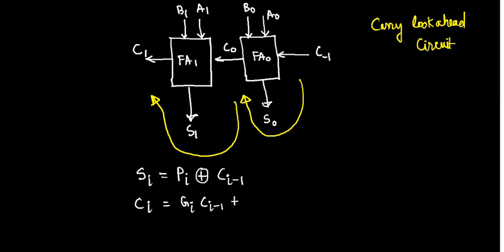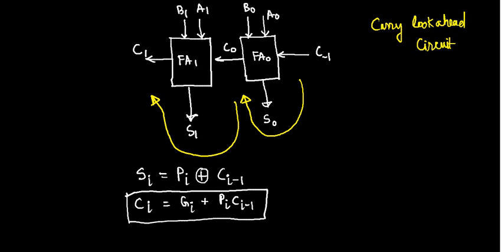So Gi plus Pi into Ci minus 1. Is that okay? Now we don't bother about the sum, because the sum is also dependent on the carry, and the carry generated at this stage is also dependent on the carry of the previous stage. So let's concentrate on this expression. Let's take I equal to 0. What is that?